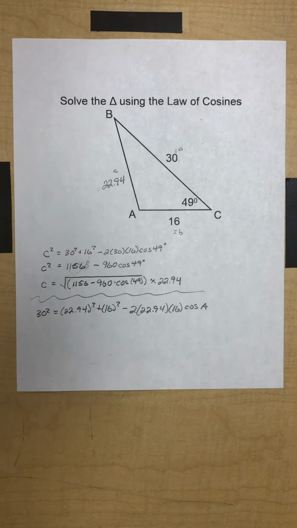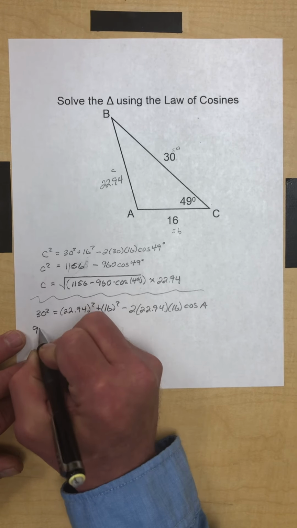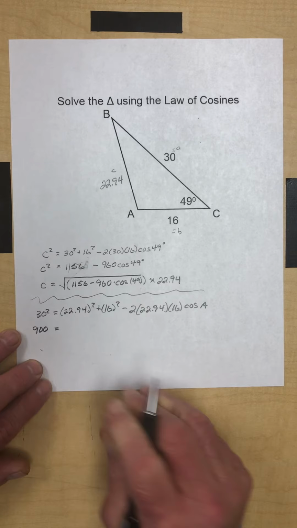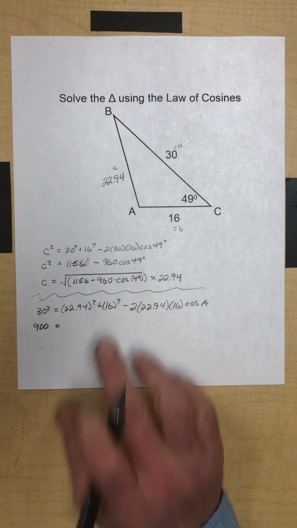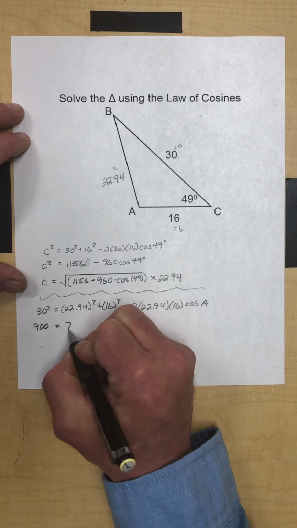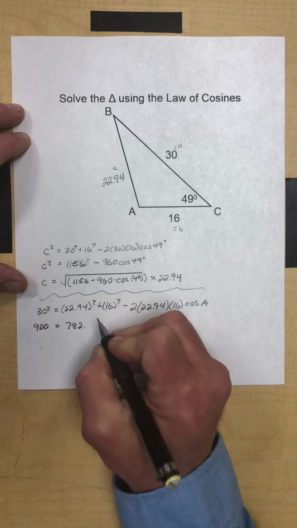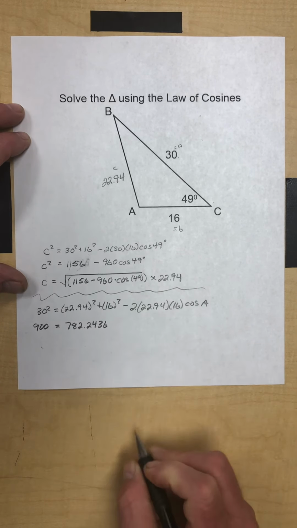Okay, so let's see, I'm going to simplify some things here, and I'm not going to round anything off until the very end. So 30 squared obviously is 900. So I'm going to go 22.94 squared plus 16 squared. 22.94 squared plus 16 squared is 782.2436, and that's exact.